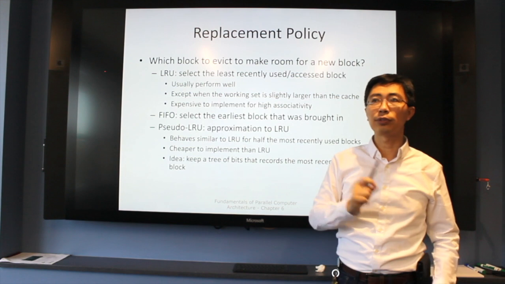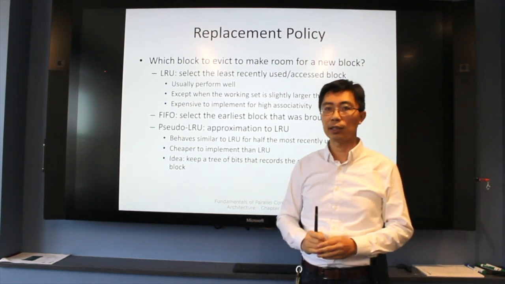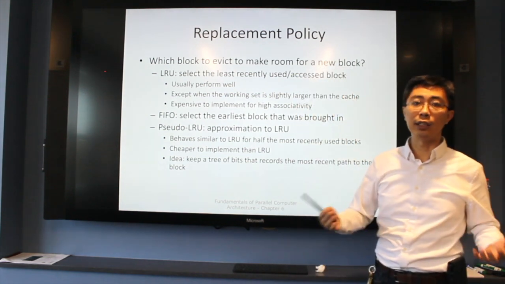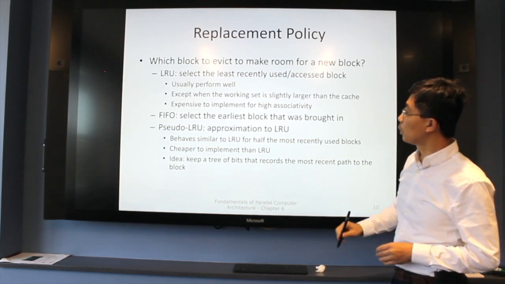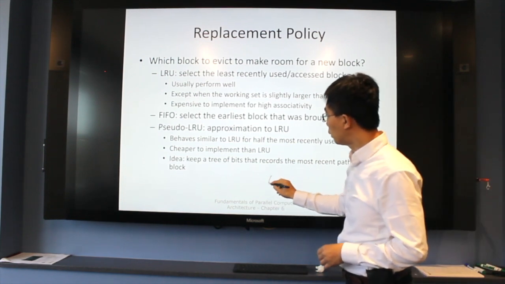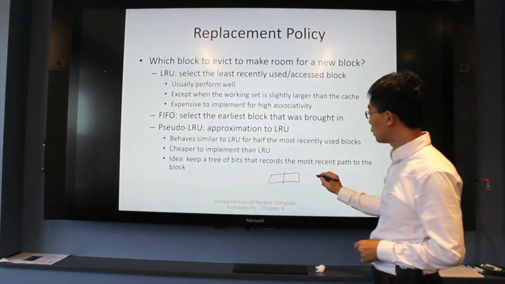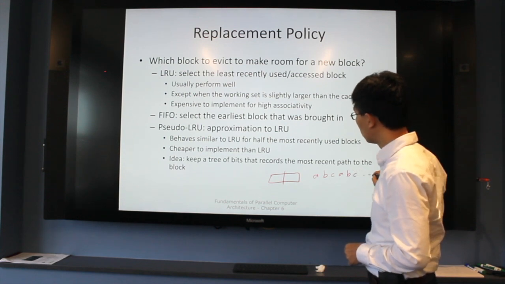Sometimes when you have a working set that is slightly larger than the cache, it degrades badly. So for example, you may have a two-way cache associativity, and then your access pattern is A, B, C, A, B, C, and so on.